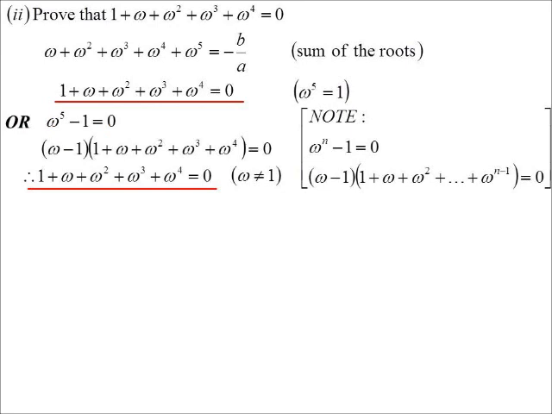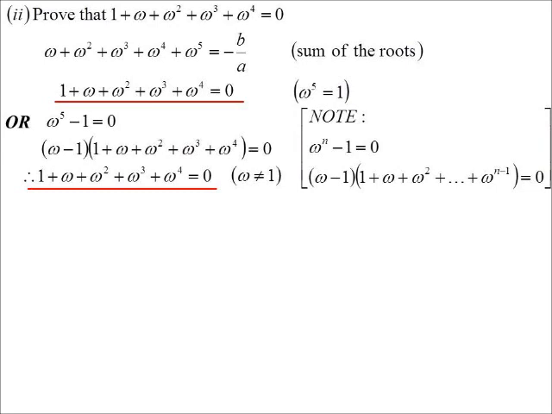Another way of doing it. Well, there's the equation again, omega to the power of 5 minus 1. But I can factorise that. Factorise to be omega minus 1, and then the powers of omega go up by 1. Now, if I was to solve this equation, I get two possibilities. I get the possibility in this first parenthesis that omega equals 1.